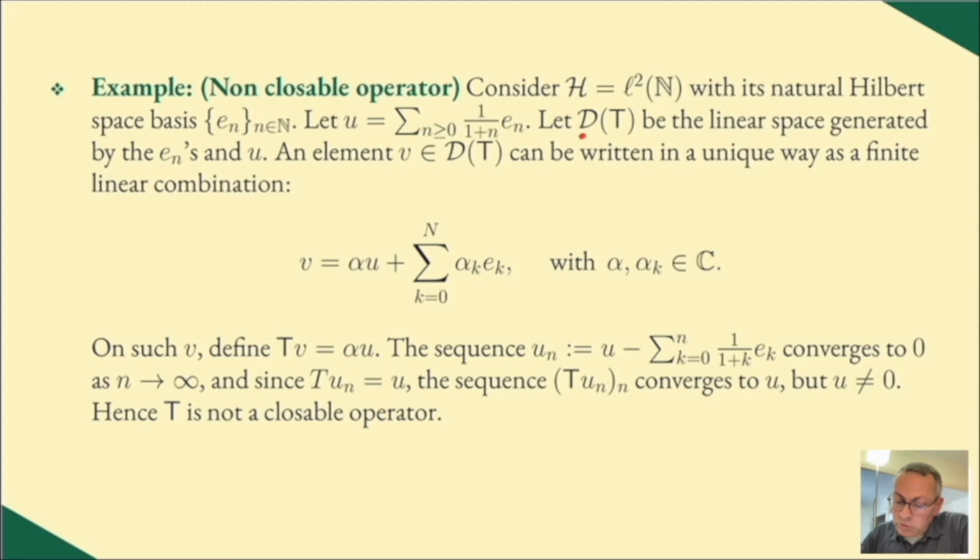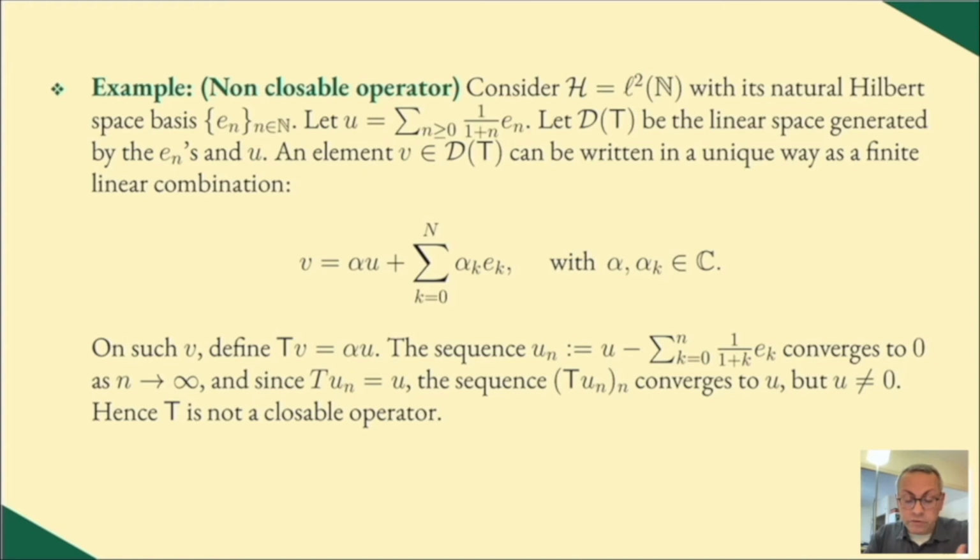I will define first the domain of the operator by taking the linear span of the e_n and u. So we consider all finite linear combinations of the basis elements and u. The e_n are a Hilbert space basis, so they are orthonormal and linearly independent, and clearly you cannot write u as a finite linear combination of the e_n, since the sum here is infinite.